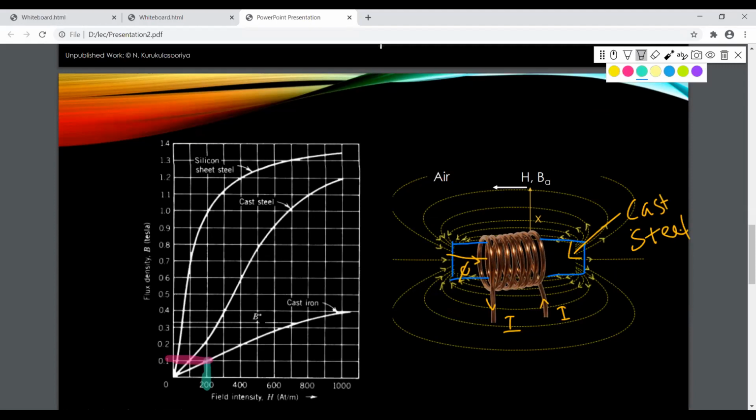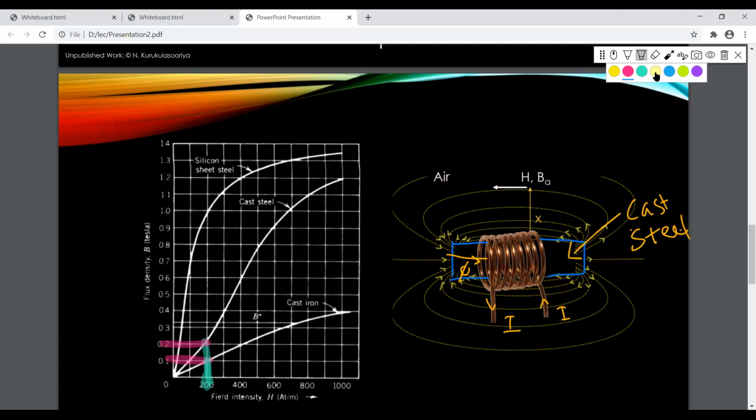Now in this situation, you would get a different magnetic flux density because the medium, the material made of steel, was changed. So now you get a different magnetic flux density, which is 0.2 Tesla, right?